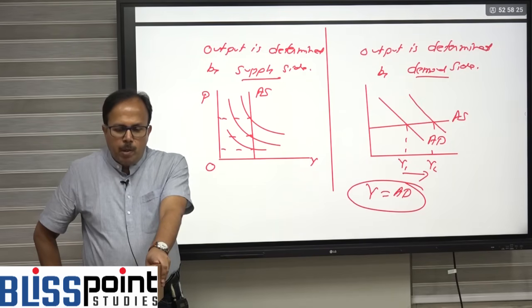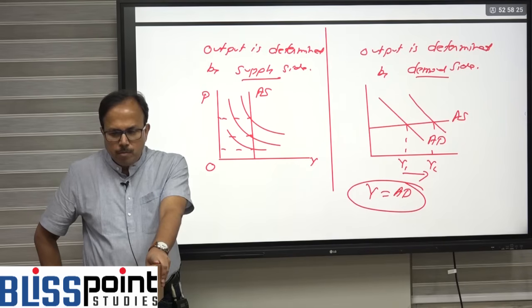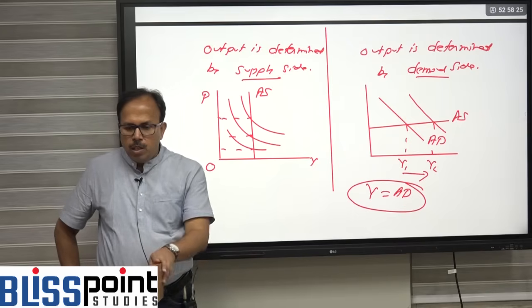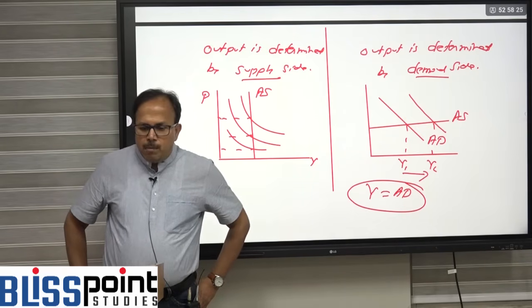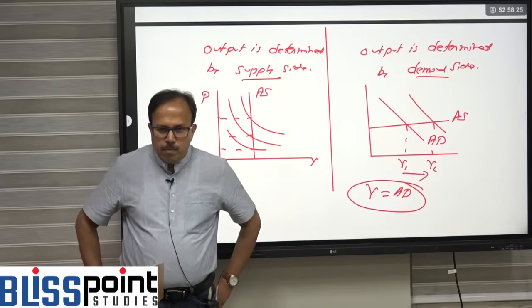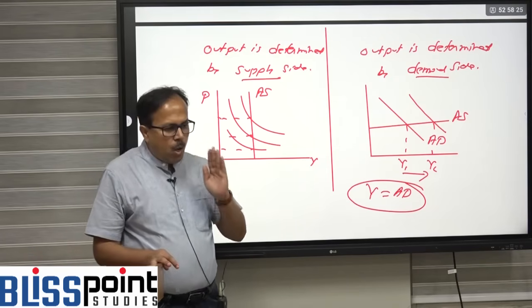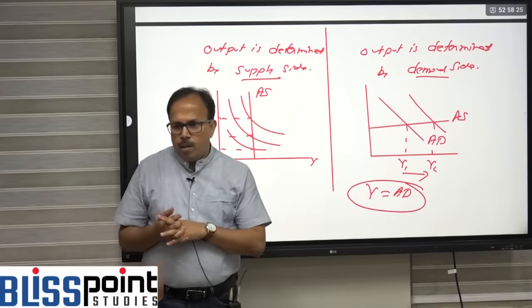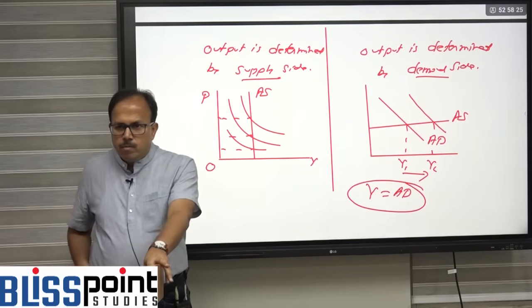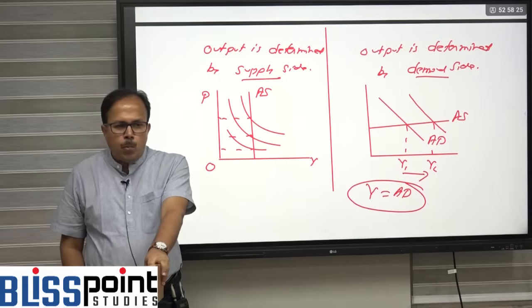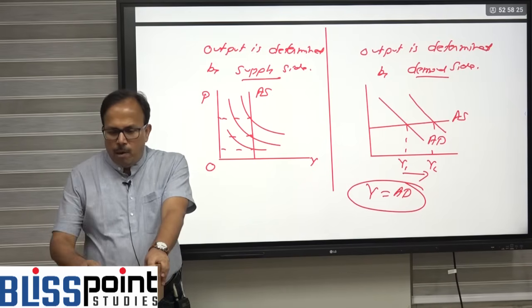However, in the Keynesian model, output is determined by aggregate demand.